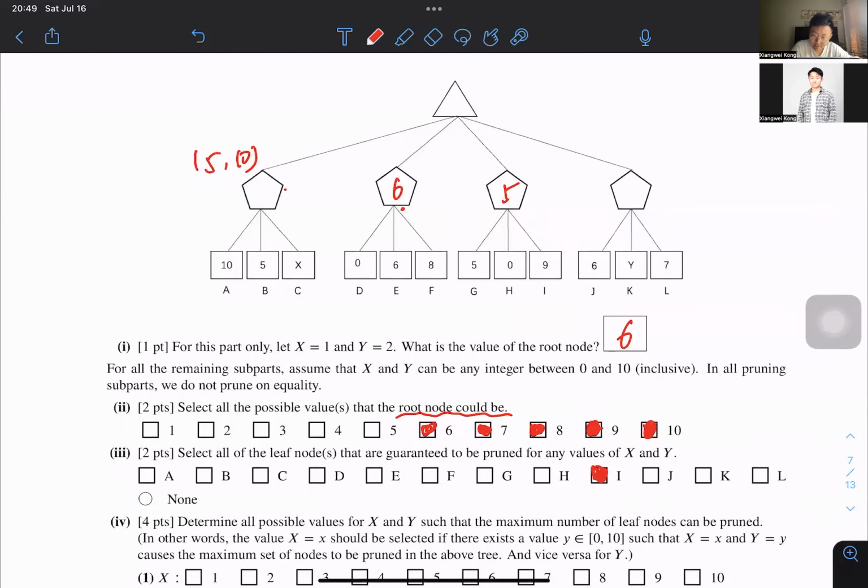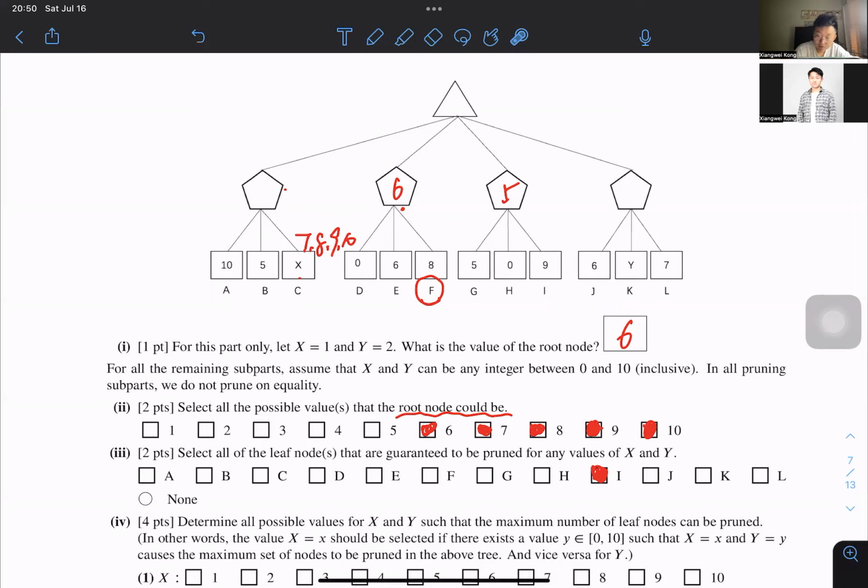So we can find a way to prune F. If X is larger than 6, like 7, 8, 9, 10, then this will be larger than the maximum value of the middle one. So F will be pruned. So it seems 7, 8, 9, 10 will be promising.